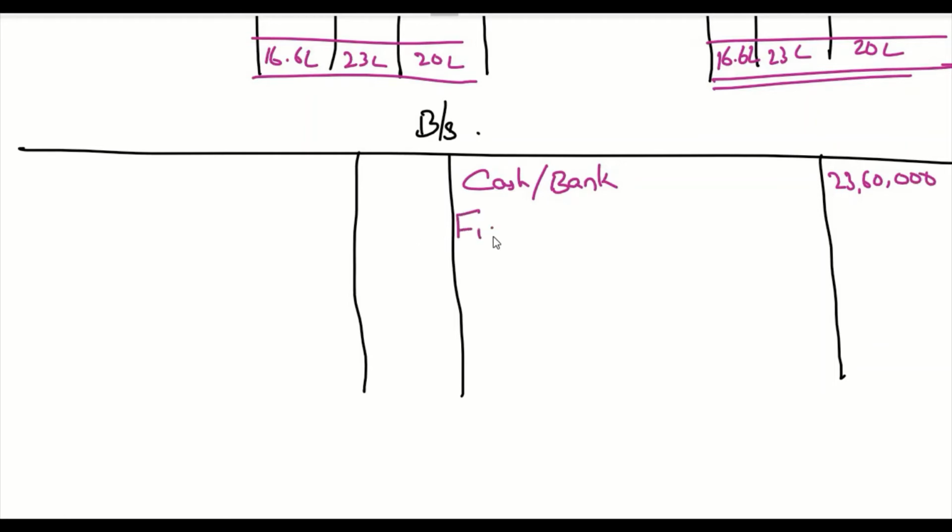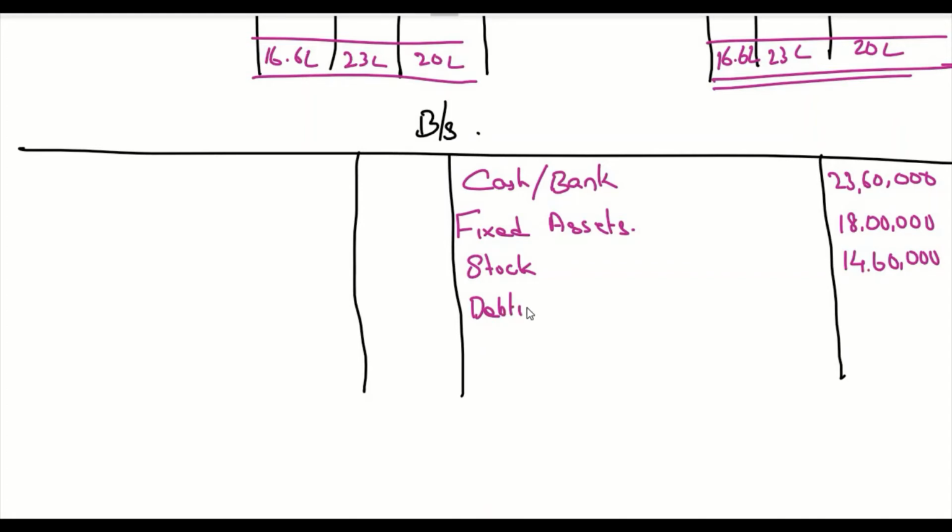Then fixed asset. It's mentioned in the question that the value of fixed assets has been reduced to 18 lakhs. Stock. There is an adjustment in stock, and after adjustment the value is 14 lakh 60,000.